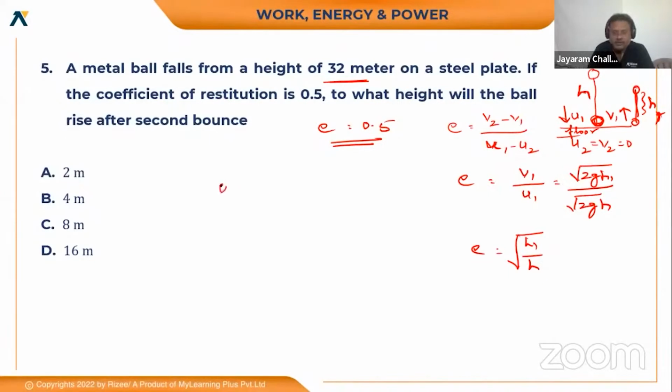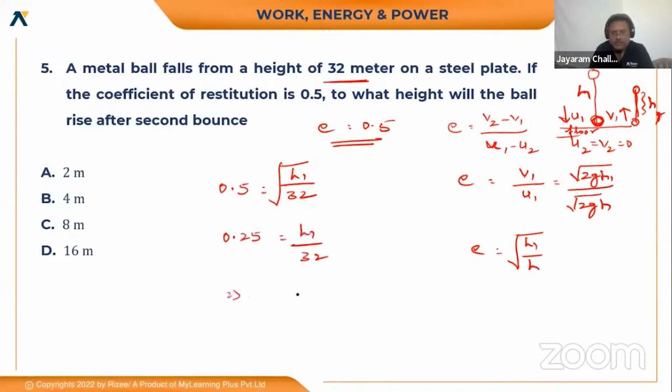So e is equal to 0.5 is equal to root over h1 by h. If the height is going to be 32 here, 0.5 whole square means 0.25 is equal to h1 by 32.